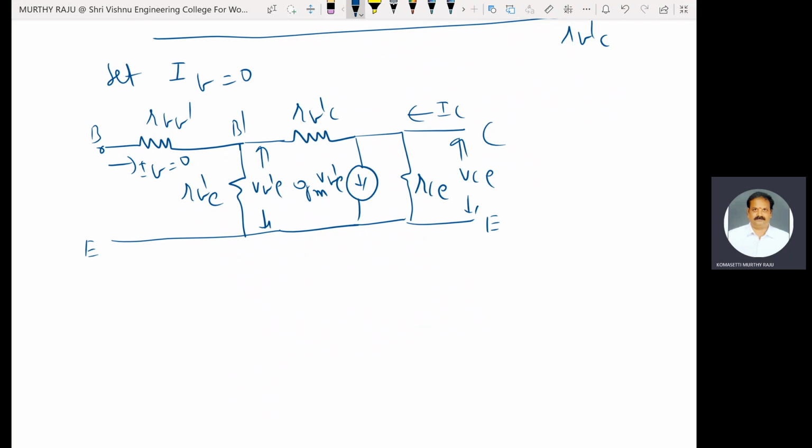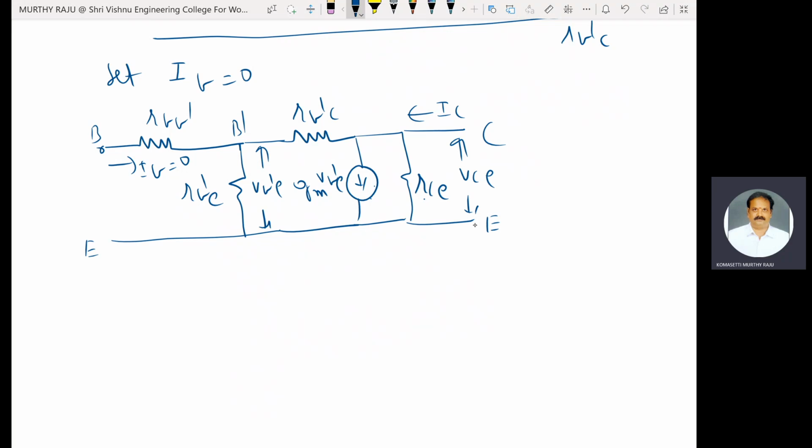Next, find out VB dash E. This is the VCE. This is the RC and the GM VB dash E current source in parallel. The voltage across both these branches is equal to VCE.